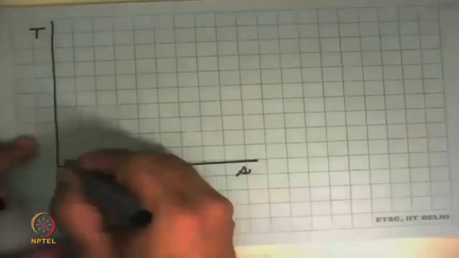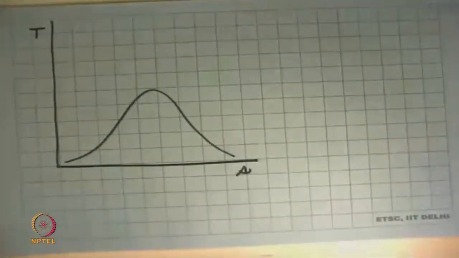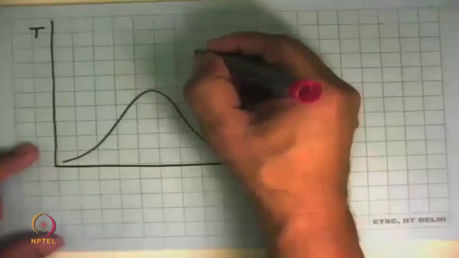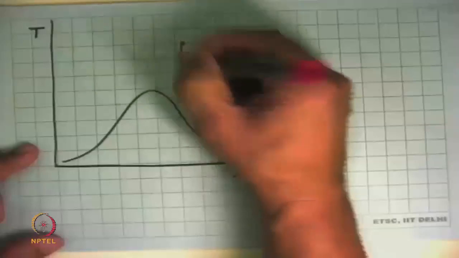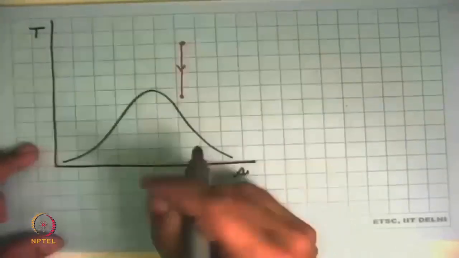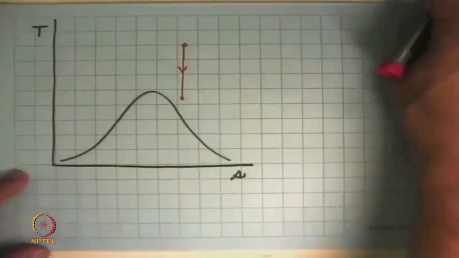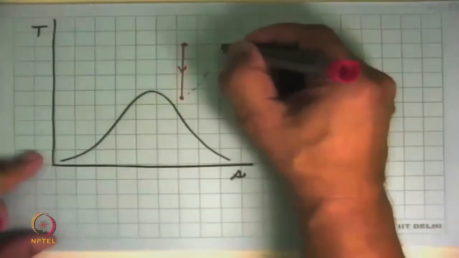Now we see what it looks like on the property diagram. It's a TS diagram. And if you are looking at steam turbines, we have to show the dome. In this case, what you would like to do is avoid a two-phase mixture inside a machine like a turbine. So in power stations, we start off with superheated steam, say there, expand it up to this point in one turbine, and then we take the steam out, send it back to the boiler for heating it again, and then bring it back almost at constant pressure to the same temperature.